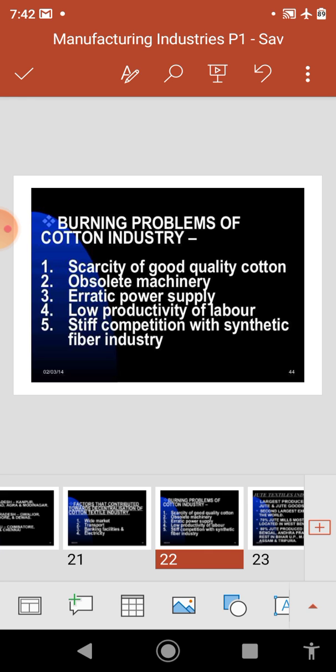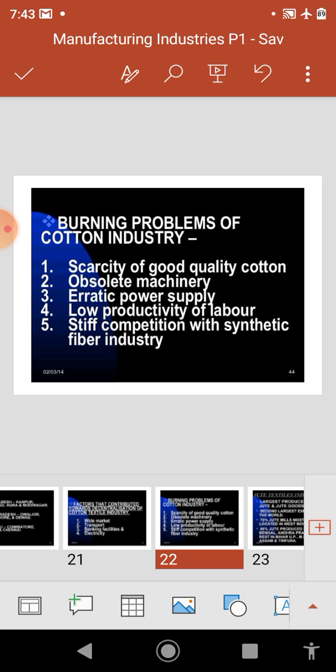Then, obsolete machinery and need for modernization. The mill sector has been working with obsolete machinery. According to one estimate, over 80% of machinery in the cotton textile mills is old and should be scrapped.